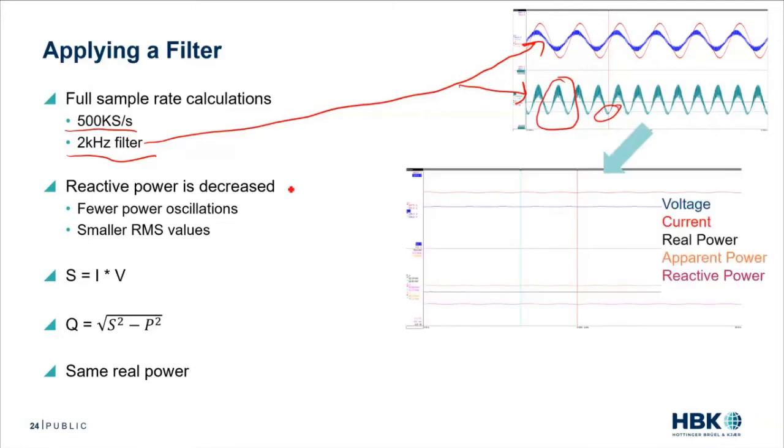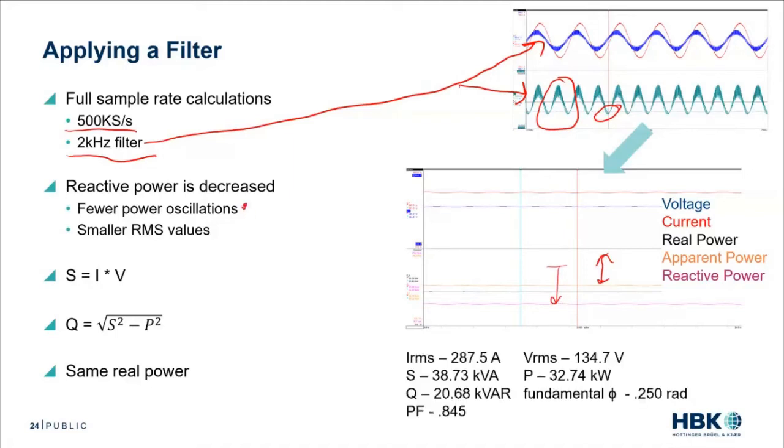We do our calculations again, and we can see that my apparent power has come from up here down to here. My reactive power has come from up here down to here. This is a good sign. We have fewer power oscillations. And again, the exact same equations we ran on a higher sample rate. IRMS, 287, VRMS, 134, almost 100 volt drop.